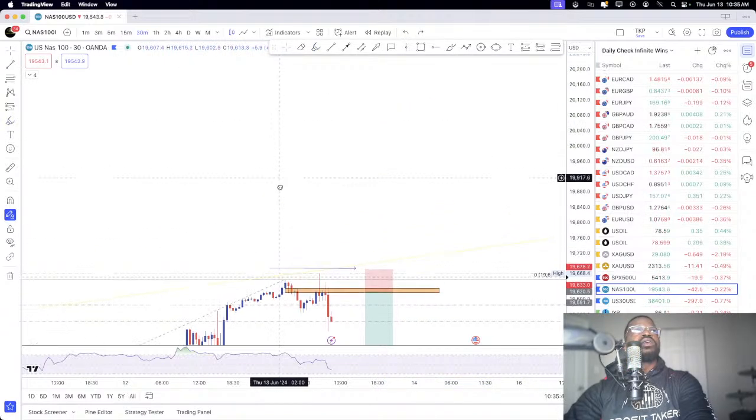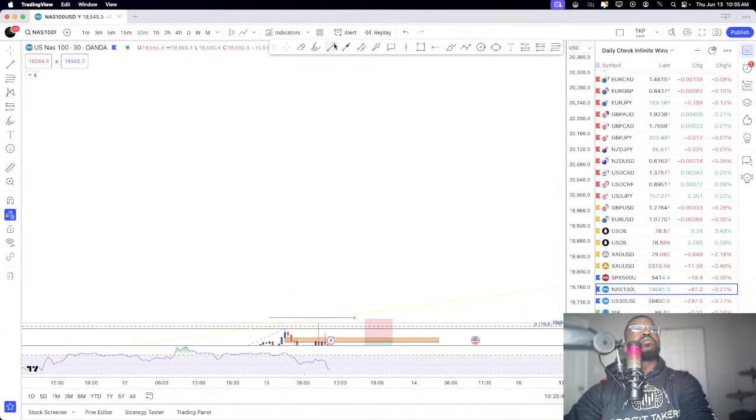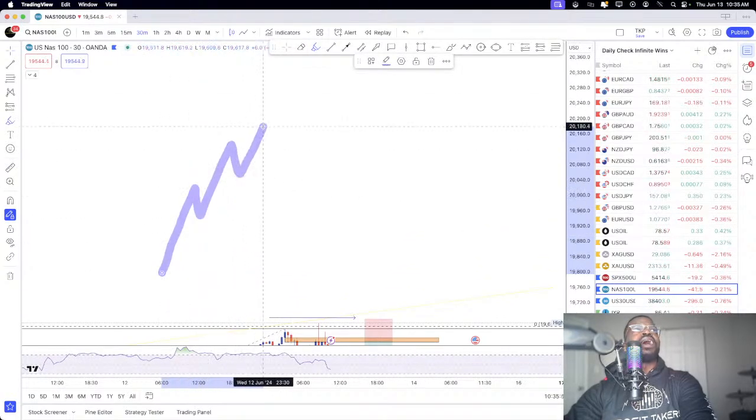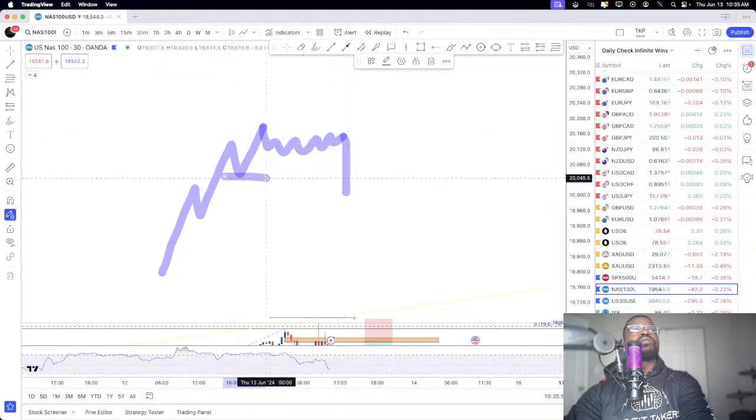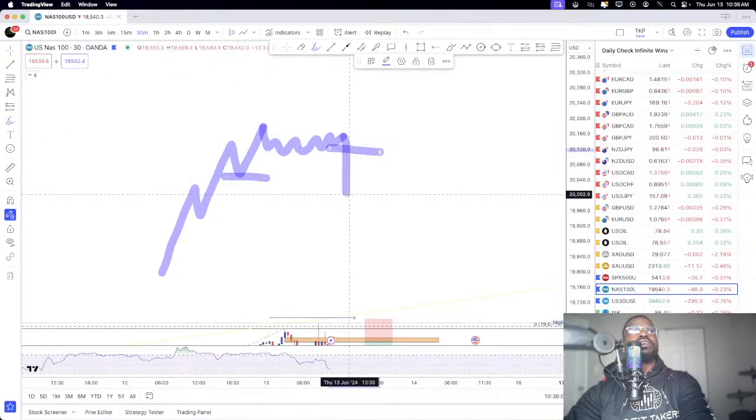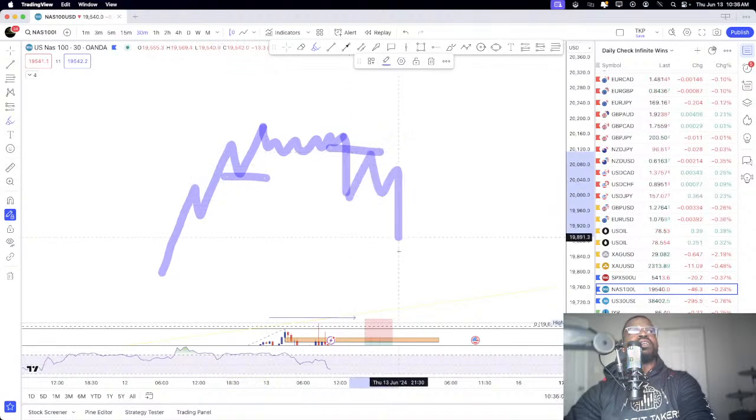So, really simple concept. When that market fails to print a higher high and it starts to trend sideways, as soon as it breaks that previous low, I'm looking at this area for entry in the opposite direction.